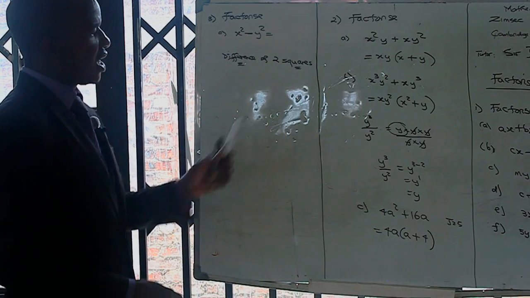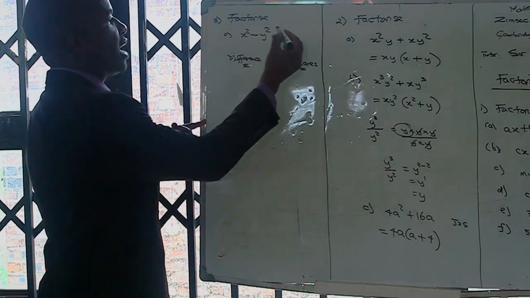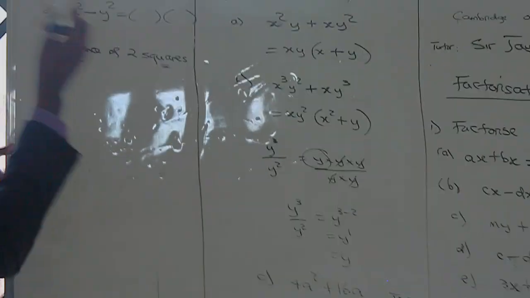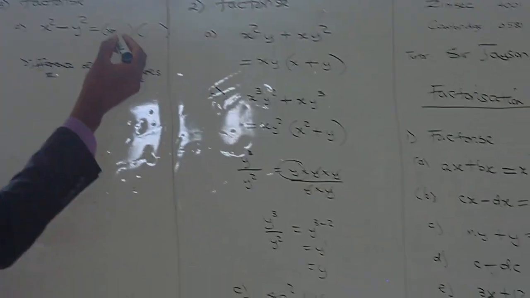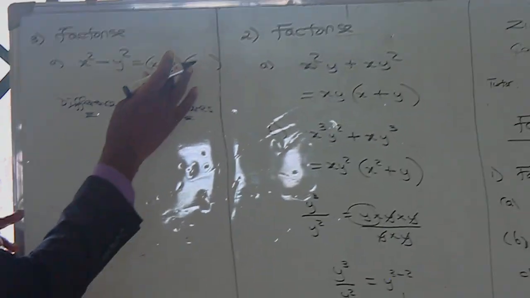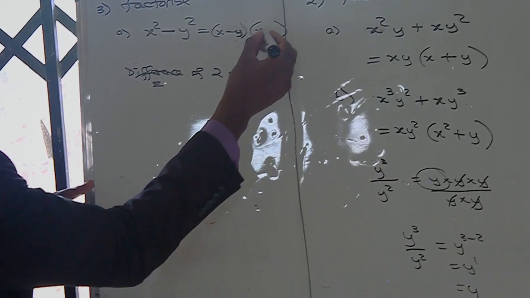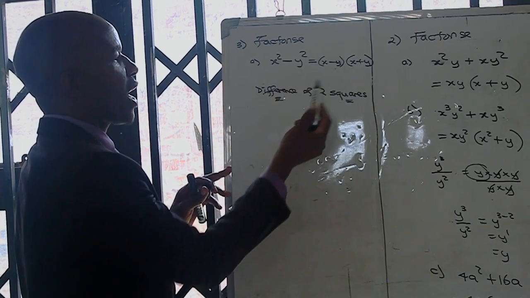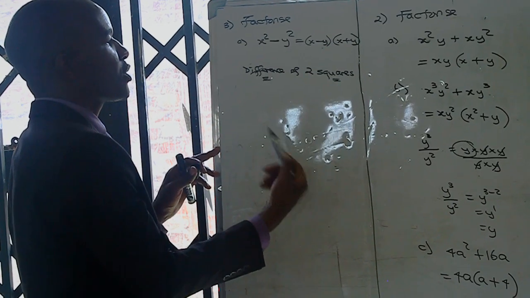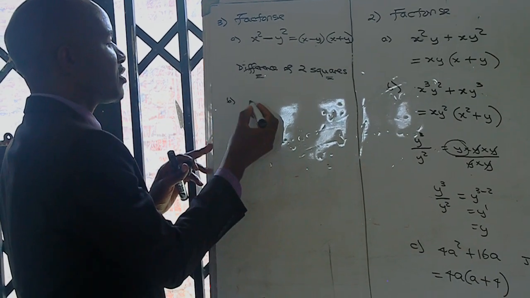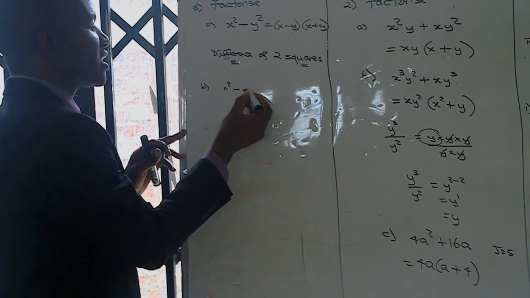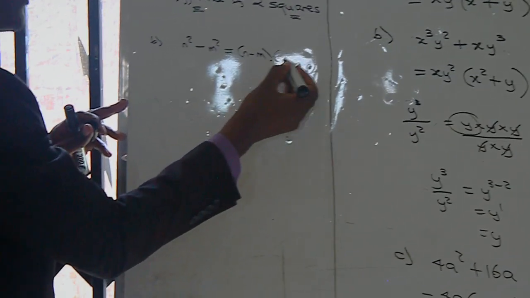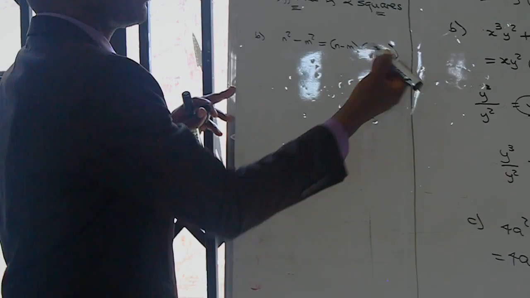Now, for such a case, factorization becomes easy. You put your two brackets. We have in the first bracket, first number subtract second, then the other bracket, first number plus second. So it becomes x minus y bracket x plus y. You have factorized. What about if I had n squared minus m squared? This is n minus m bracket n plus m.